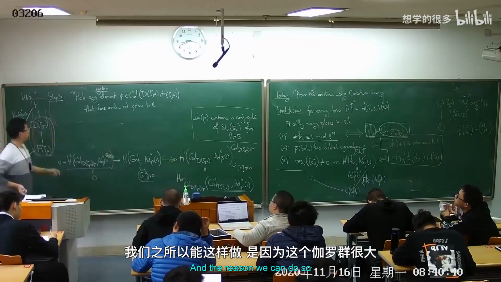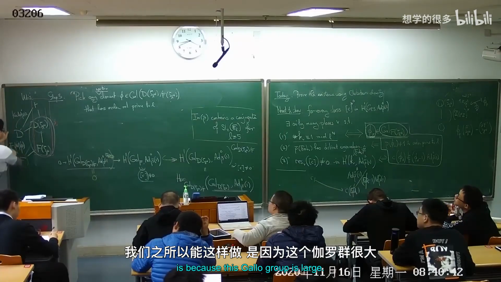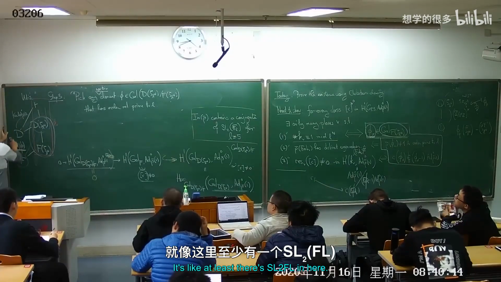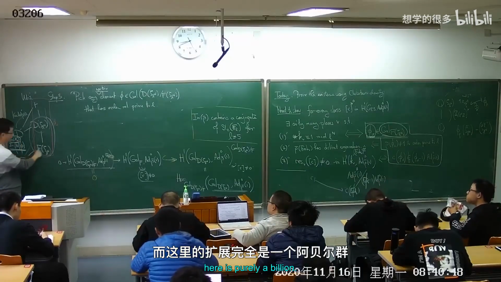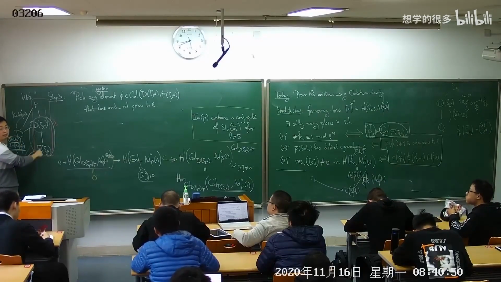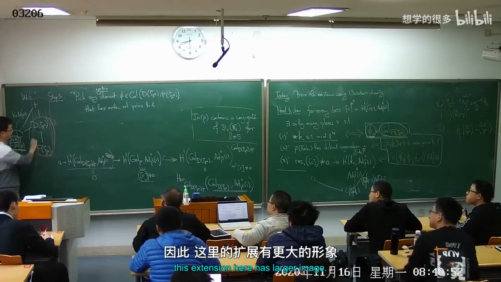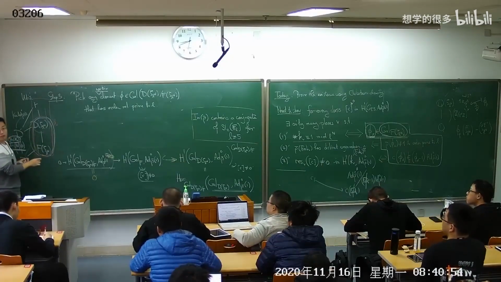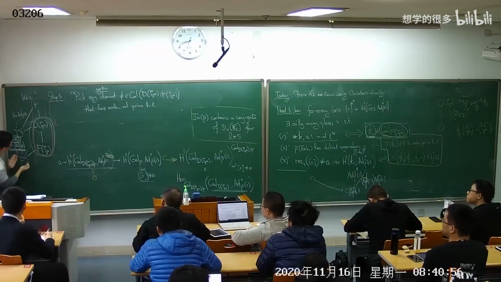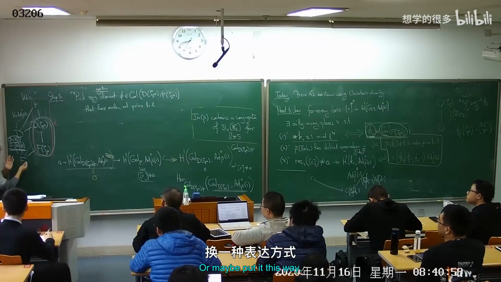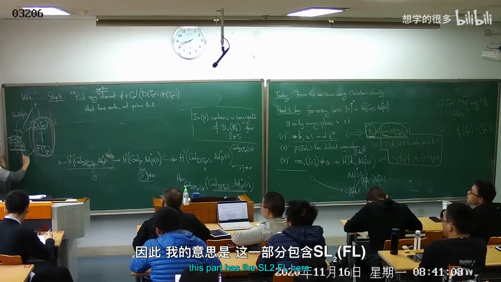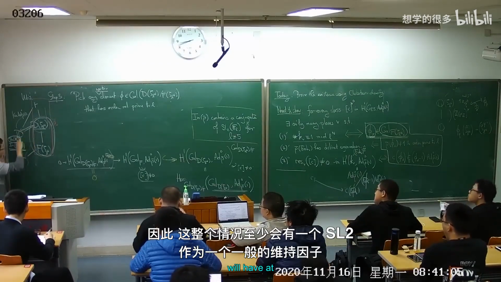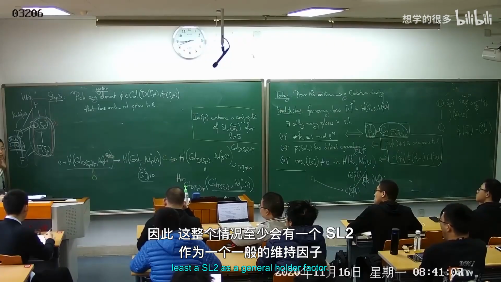And the reason we can do so is because this Galois group is large. There's at least SL2(F_L) in here, and this extension here is purely abelian. So this part has an SL2(F_L), and therefore this whole thing will have at least SL2(F_L) as a Jordan-Holder factor.